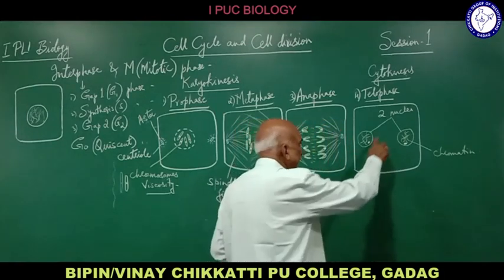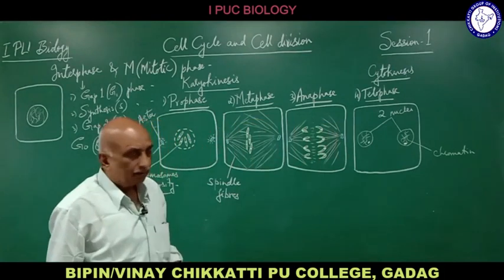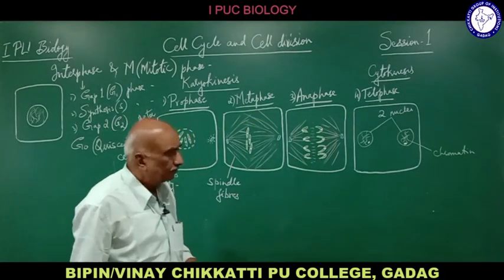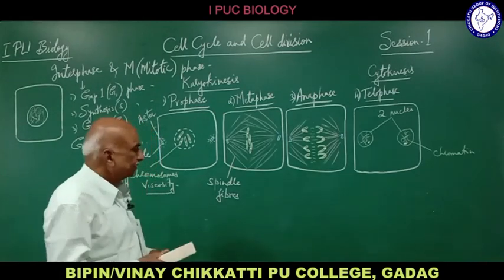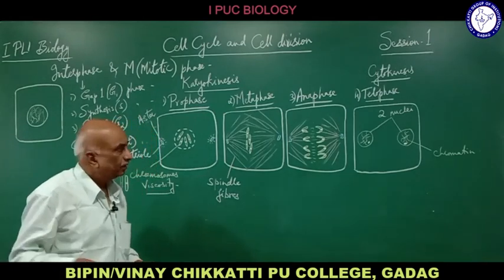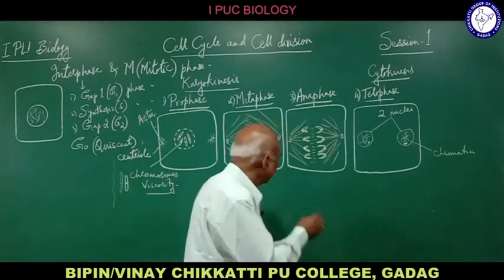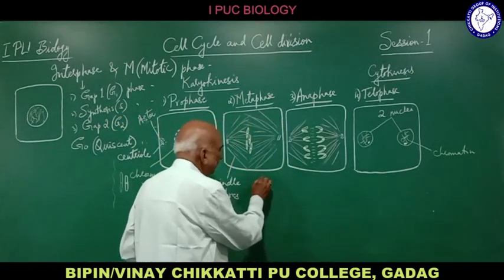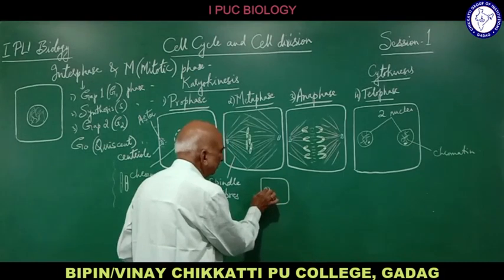Now in the next step, the cytoplasm will divide, that is cytokinesis. Now in animals and plants, the cytokinesis is somewhat different. So in plants, the cytokinesis, now suppose this is the cell. So these are the two nuclei.